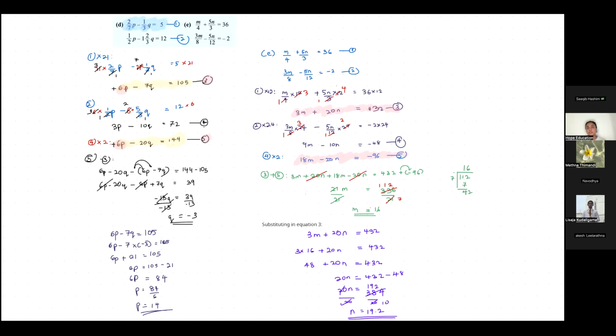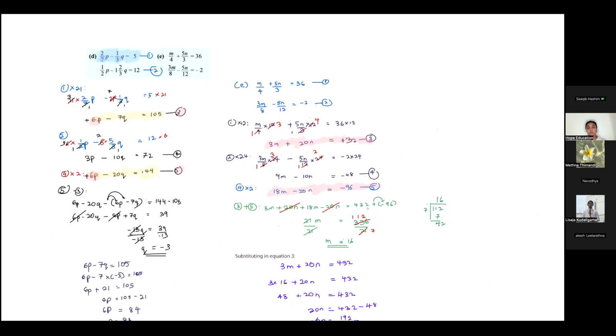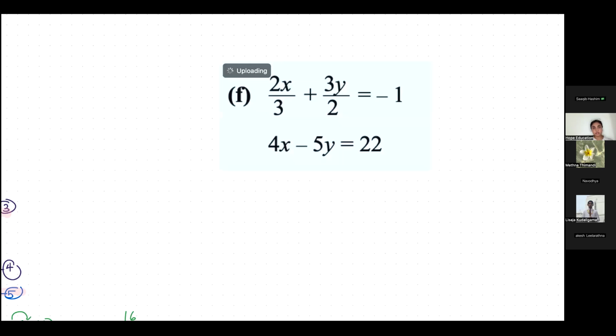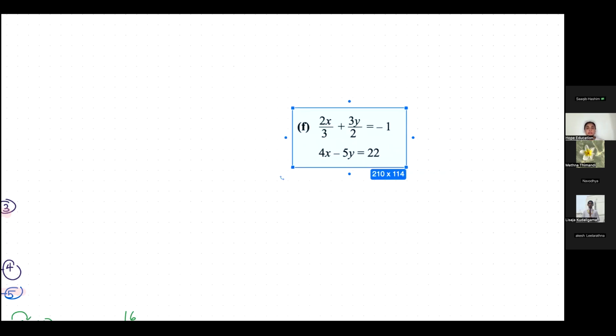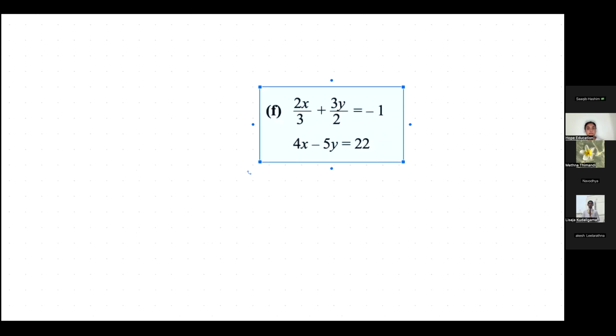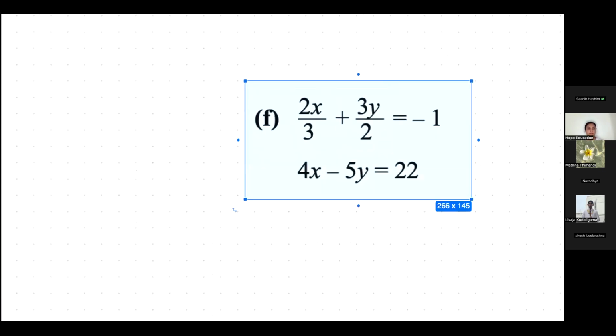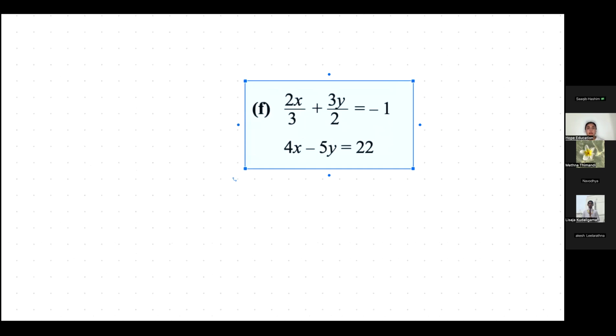Let's move on to F, which is the question that I gave you just now to do. Let me get the question to the whiteboard. I think it shouldn't be that difficult, no? All right. I'll label this as my equation 1 and equation 2.